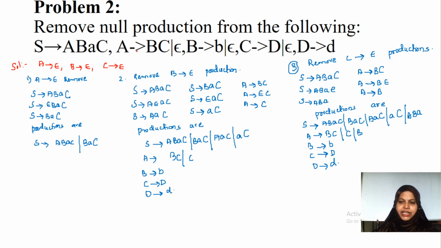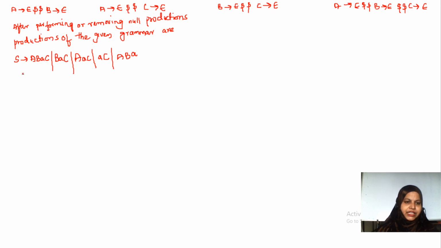Next, A tends to BC, here A tends to BC, C, then B.